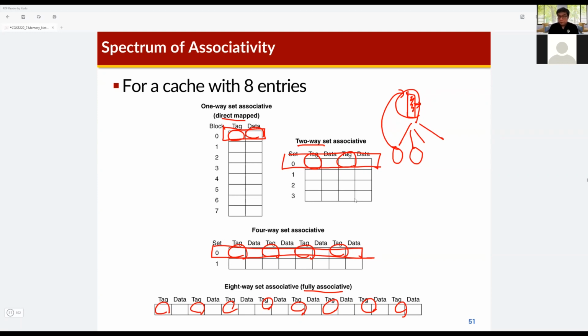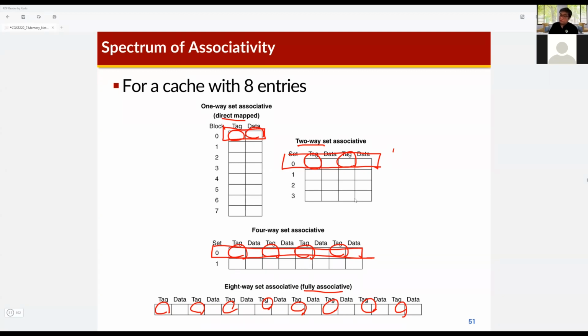So we can ignore some regulations of the direct mapped cache, and allow different memory spaces to be occupied in different slots or different sets in the cache memory. Okay, so that is the fully associative cache.